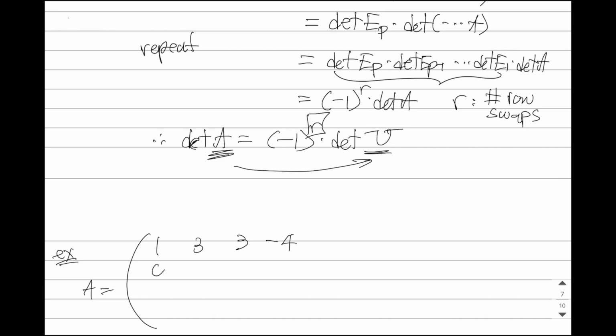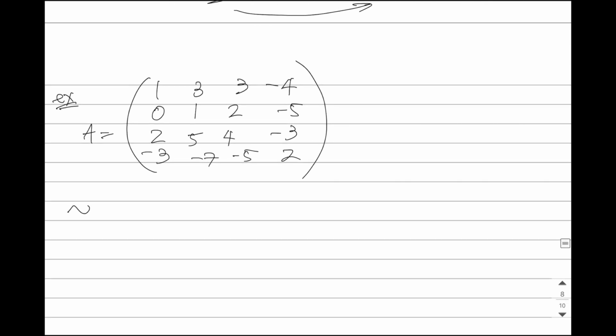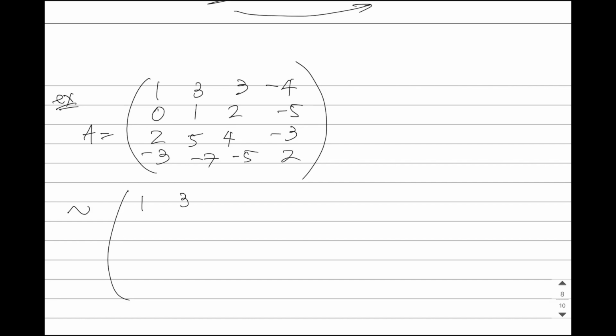So if I take a 4x4 matrix, this would be painful to do by cofactors because there's no zero row or zero column that's obvious for me to exploit. So instead, what I'm going to do is try to row reduce this to a triangular form. So I'll take the top row, and all I need to do are replacements. So there's going to be no change to the determinant.